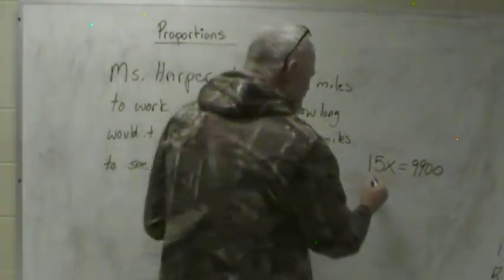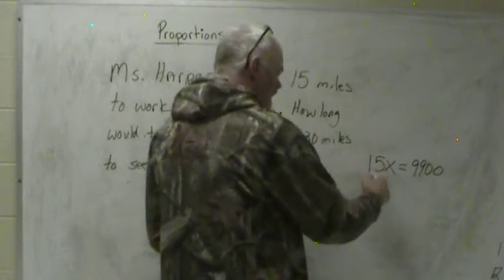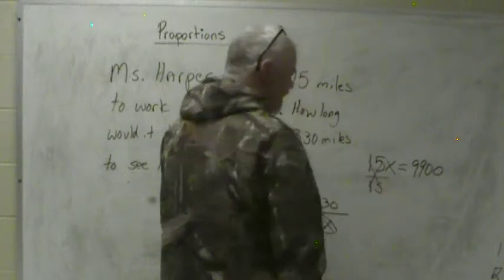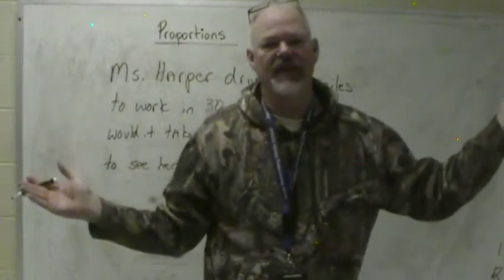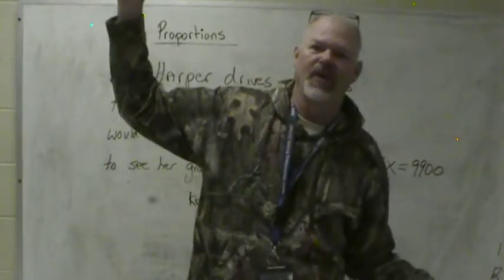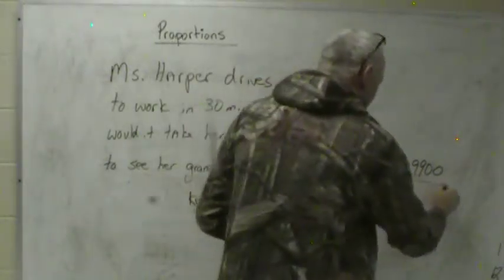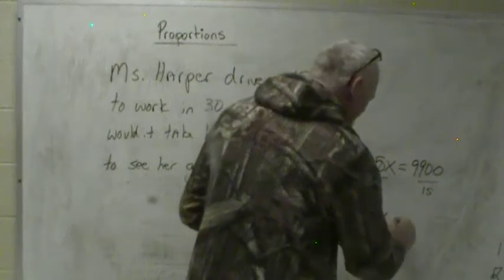If we divide something by the same amount, that just turns into 1. 15 divided by 15 turns into 1, right? It basically just disappears. Whatever you do to one side, you got to do this side too. The only thing left over here now, we got our X by itself.